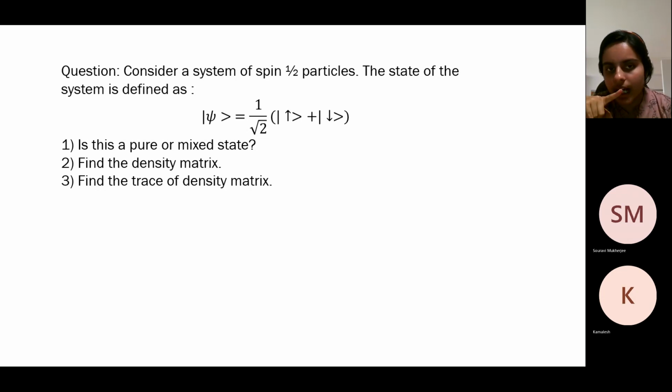So the density matrix will be an outer product of psi with psi, right? Try to solve it and see what you get.